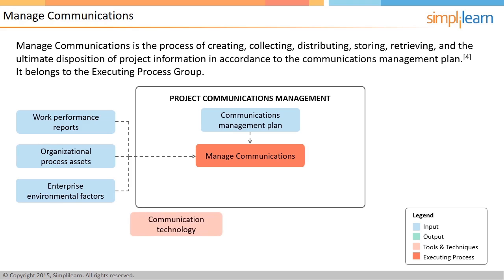Communications technology represents the means of technology, that is, email, instant messaging, telephone conferencing, etc., that are used to exchange information. The use of communication models helps you determine the technique that is best suited for a particular situation. Communication methods are the various methods used to communicate.